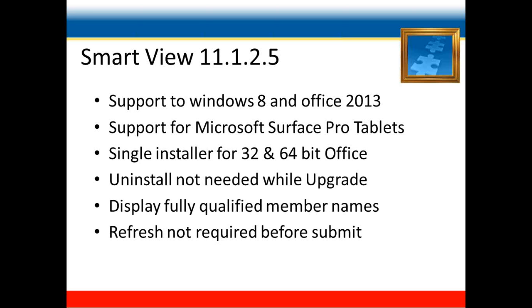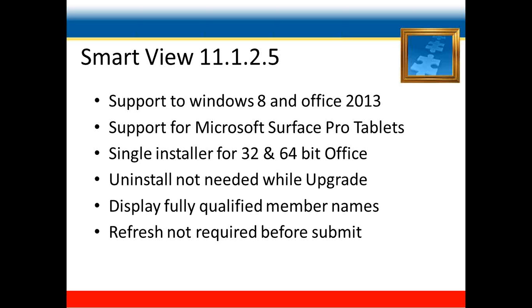Then the installer for this version was greatly simplified, as you no longer need to worry about the Office version that you have. Even if you have a 32-bit or a 64-bit Office version, you need to install only a single installer, and that installer will install successfully with your Office version.